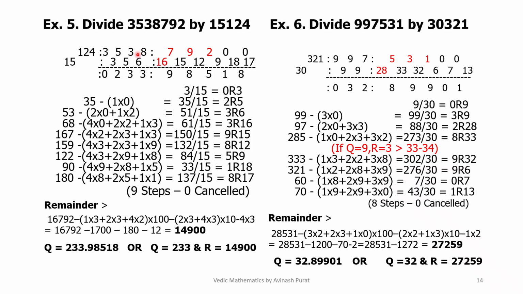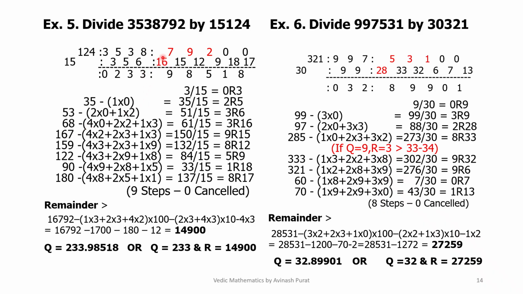53 is the next dividend, minus 2 into 0 plus 1 into 2 equal to 51, divided by 15 equal to 3 and remainder 6. So 68 is the next dividend, minus 4 into 0 plus 2 into 2 plus 1 into 3 equal to 61, divided by 15 equal to 3, remainder 16.